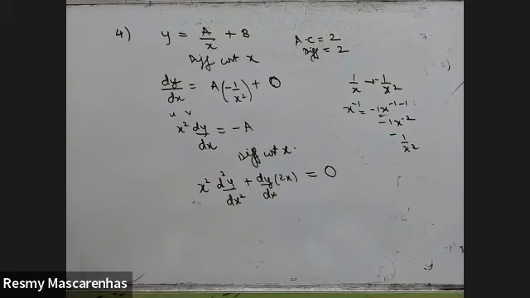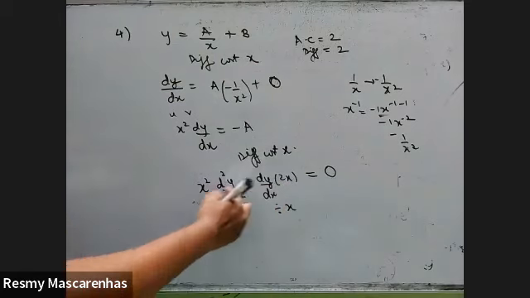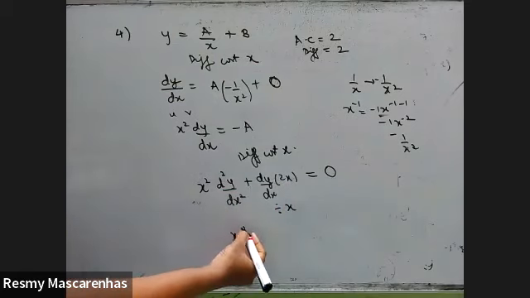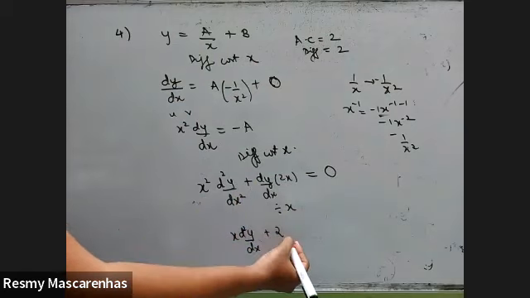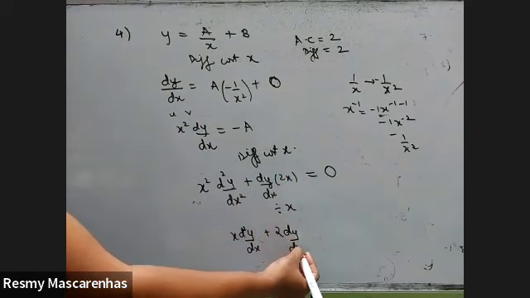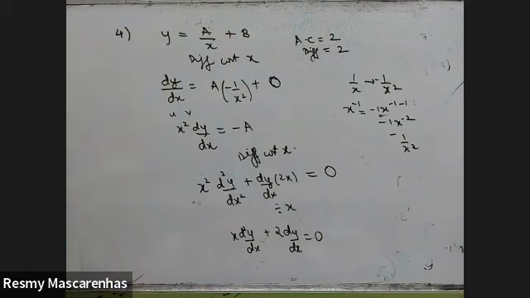So that is the answer. Okay, x is common. What you can do, just divide throughout by x, because x was common. X and x will cancel. So that is the answer.